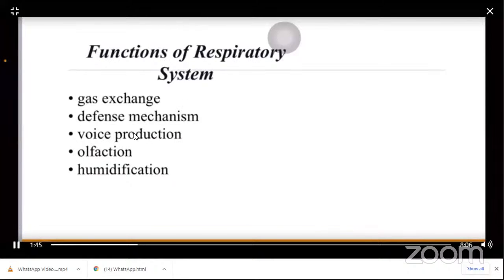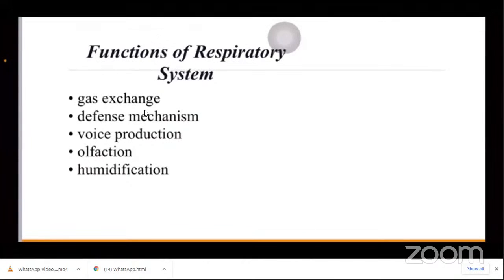Here the nose has special nasal mucosa which has nerve endings which can pick up the smell, and take it to the brain and identify the smell. So that is the fourth function.